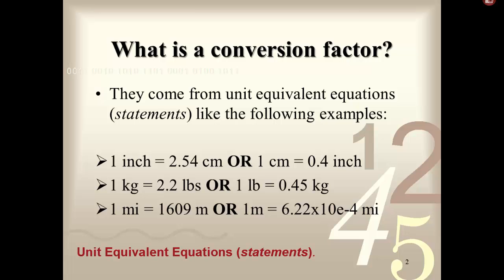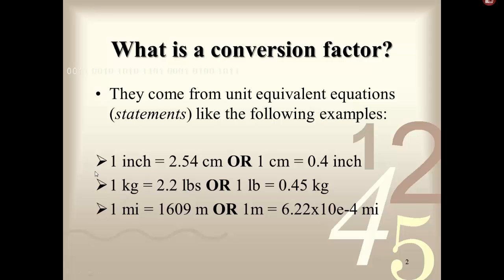They come from what I call unit equivalent equations, like the following examples, where you have 1 inch equals 2.54 centimeters. If you divide both sides by 2.54, you get 1 centimeter equals 0.4 inches. 1 kilogram equals 2.2 pounds.